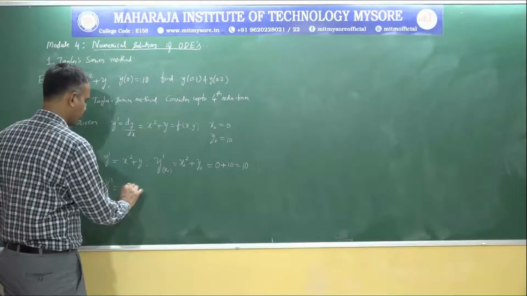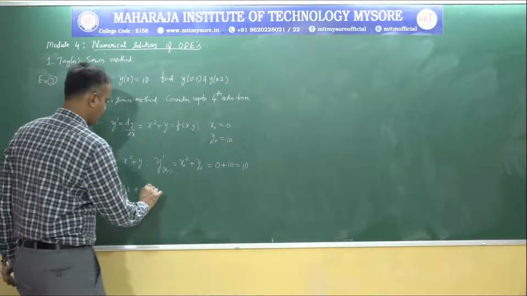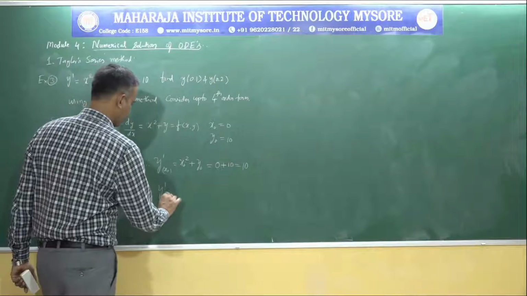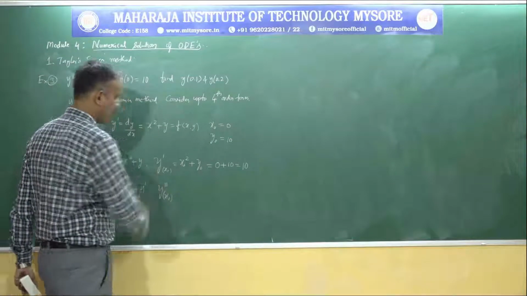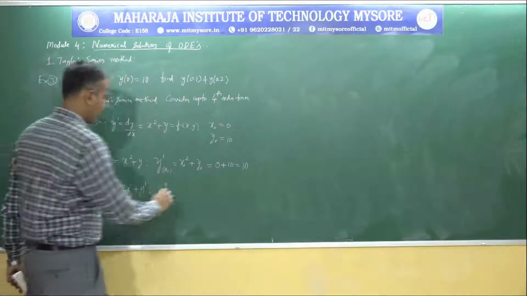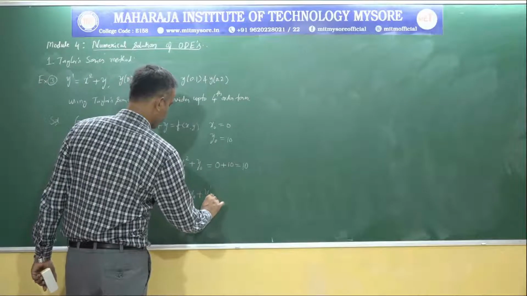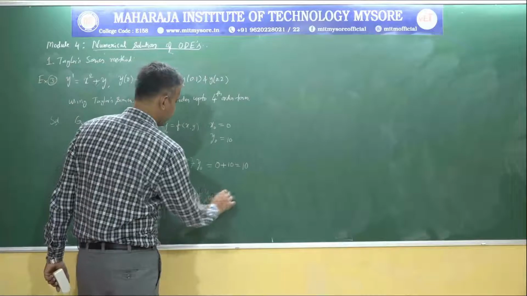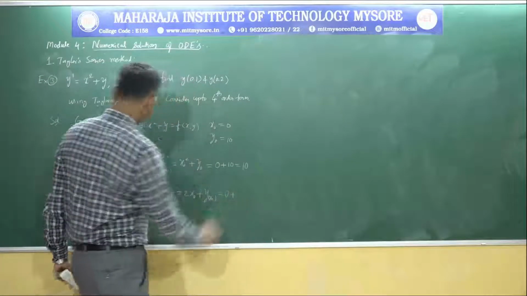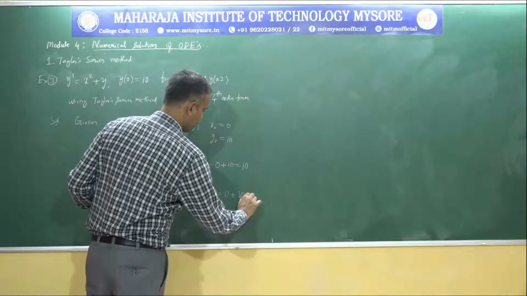Differentiating, we get 2x plus y dash. Substituting the initial data, y double dash of x naught is 2 into x naught plus y dash of x naught. Substituting, 2 into x naught value 0, that is 0, plus y dash value 10. The answer is 10.